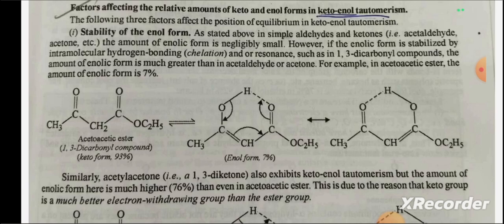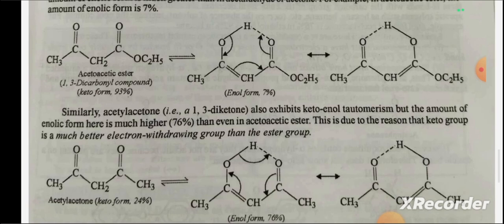For example, similarly, acetylacetone also shows keto-enol tautomerism, but the amount of enol form here is much higher than even in acetoacetic ester. This is because the keto group is a much better electron withdrawing group than the ester group.